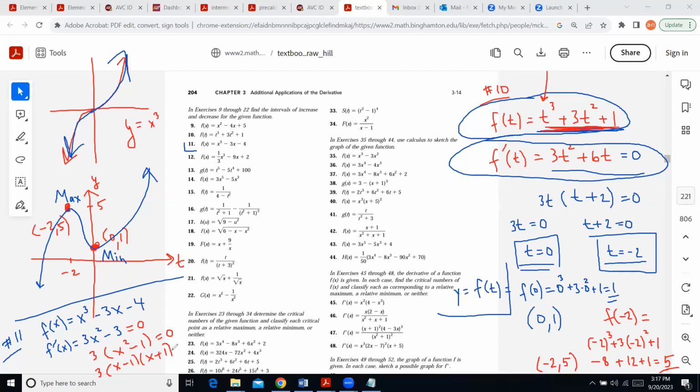So I can solve 2 of these little equations, and from the first parentheses, I can see that 1 is going to make it equal to 0. And from the second parentheses, I'm going to see that negative 1 is making it equal to 0. So I've got 2 answers, 1 and negative 1.